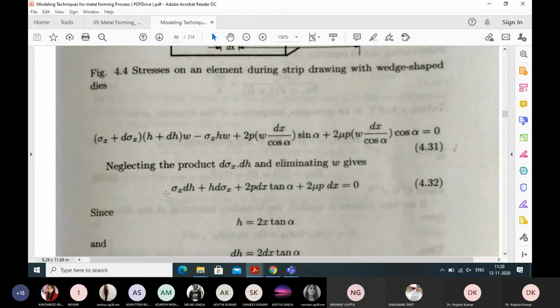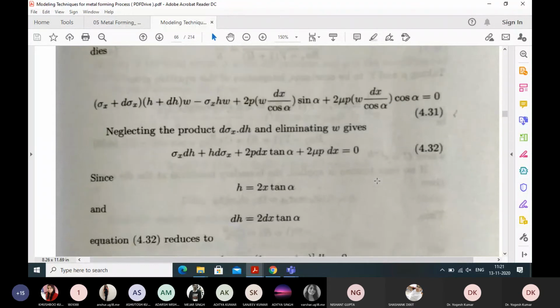So the terms which are remaining: sigma x dh plus h d sigma x plus twice p tan alpha. This sin alpha divided by cos alpha will become tan alpha, plus cos alpha cancelled out. This will become twice mu p dx equal to 0. Okay, so up to this, I think equation number 4.32 is clear.